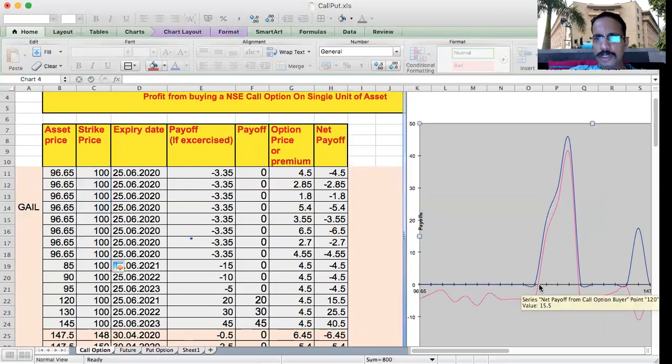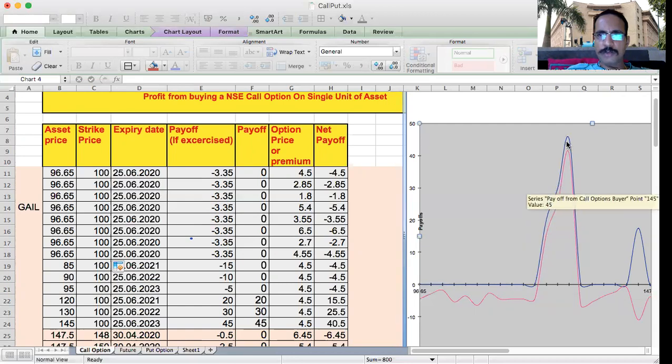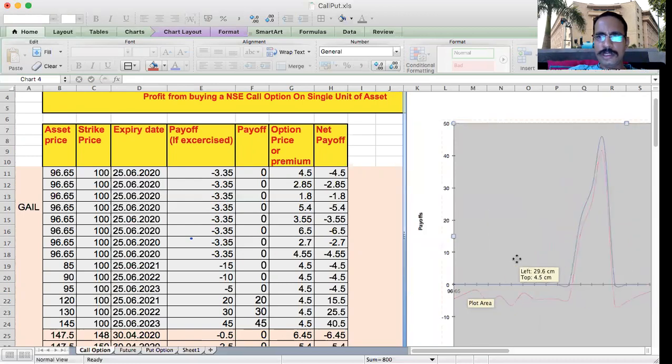So now you see as soon as the asset price is equal to my strike price, after that, when the asset price goes beyond my strike price, I keep deriving more and more profit. So you do not have to see this part, because this is for other stock. For the stock that we are talking about at the moment, you are concerned.